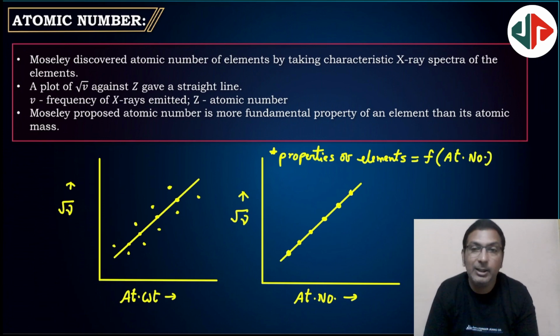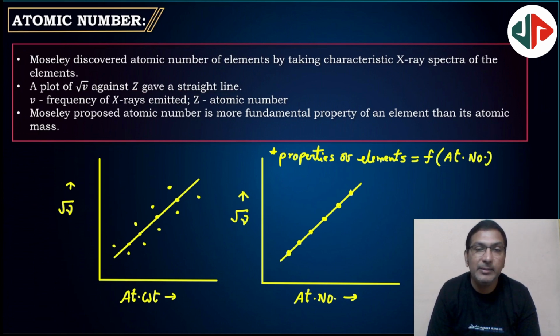So, simply atomic number is the fundamental property of all the elements. The first graph is irregular and the second graph is regular. Clearly we can say the graph between root nu, frequency, and atomic number is a straight line. This is the most important linear graph.